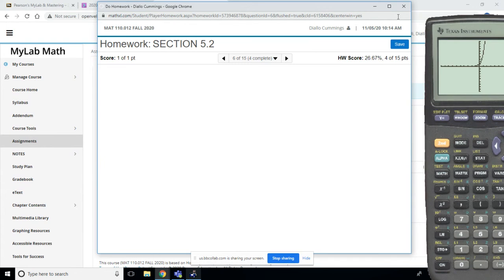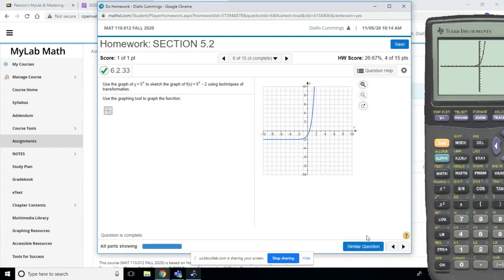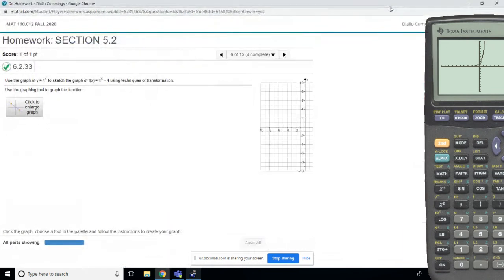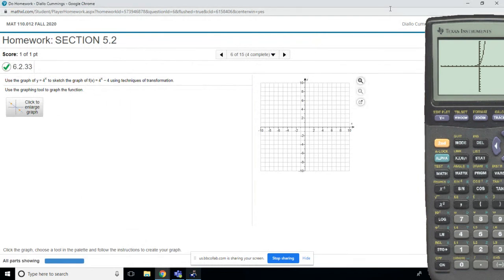You can move a function down or shift it down by subtracting from the function. You can move the function to the left. You can also move the function to the right. You can reverse it or reflect it across the x or y axis. So all of those transformations apply.